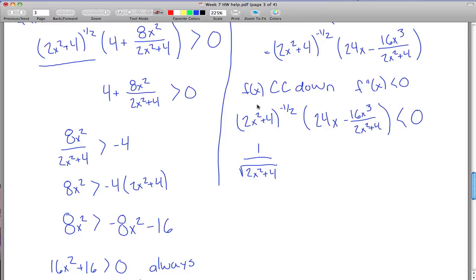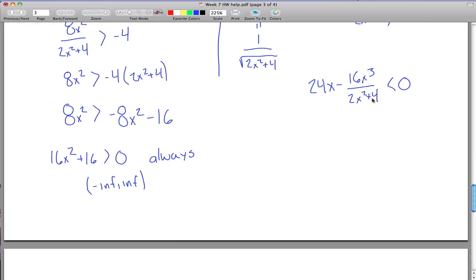So because this thing is always positive, we can divide it from both sides of the equation and make it cancel out. So therefore, 24x minus 16x³ divided by 2x² + 4 has got to be less than 0.